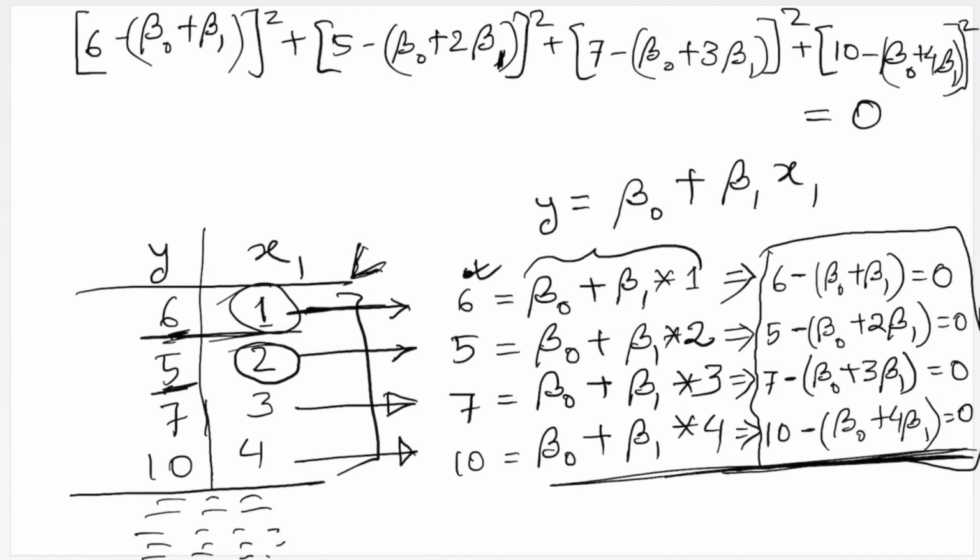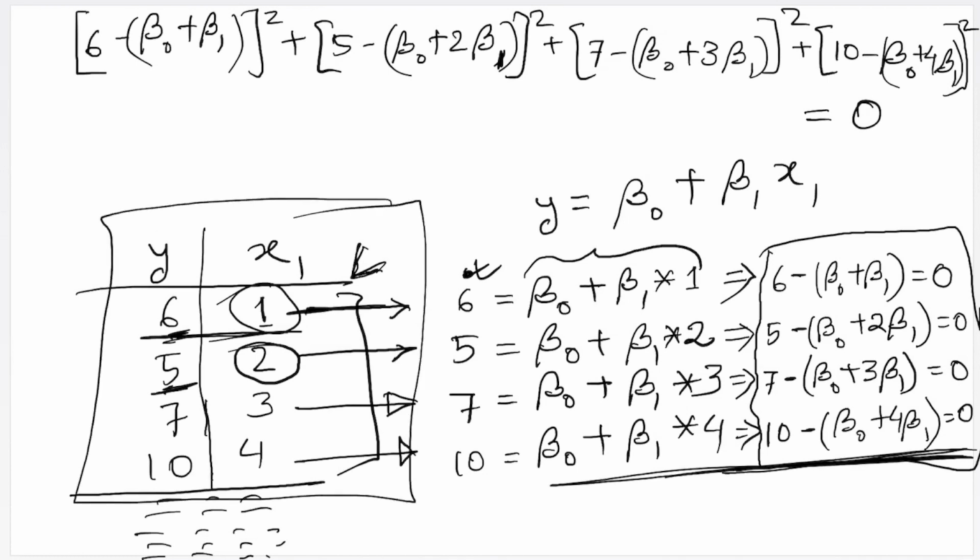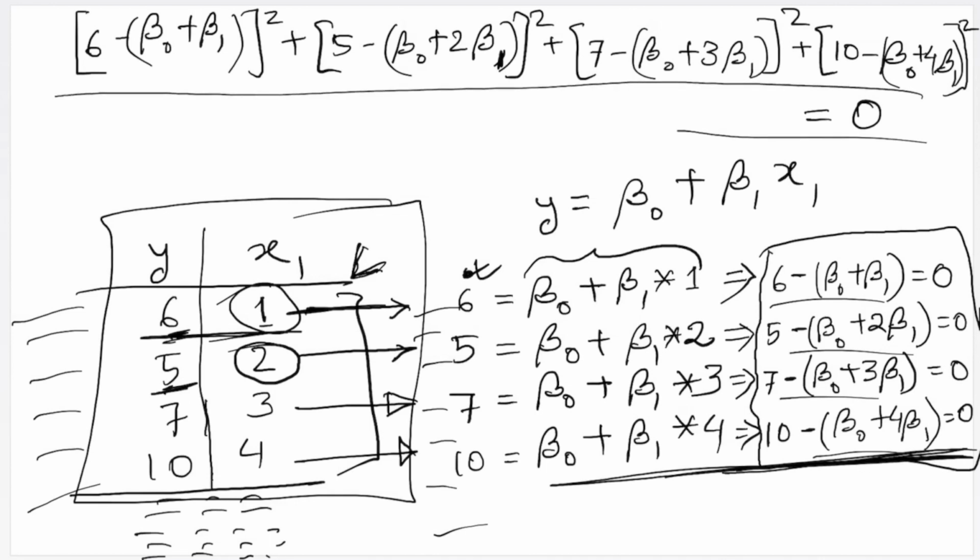That means this one single equation consolidates the entire data. So if we had 1 million rows in this data set, then we would have 1 million equations. But after we square the left side of each of these equations and sum them up, we would always have one particular equation.